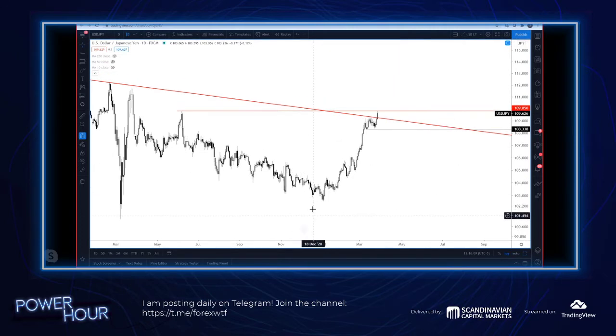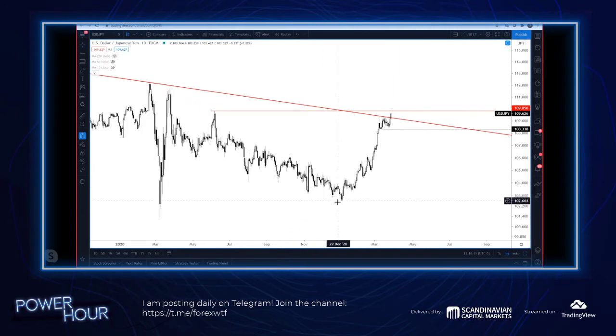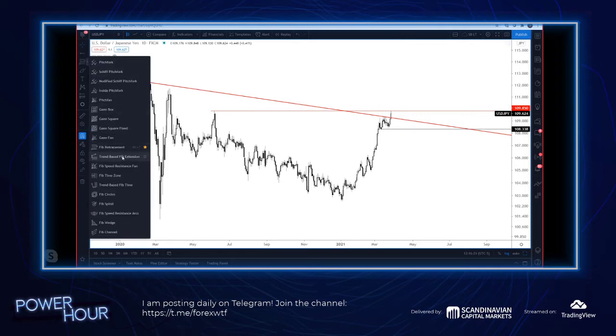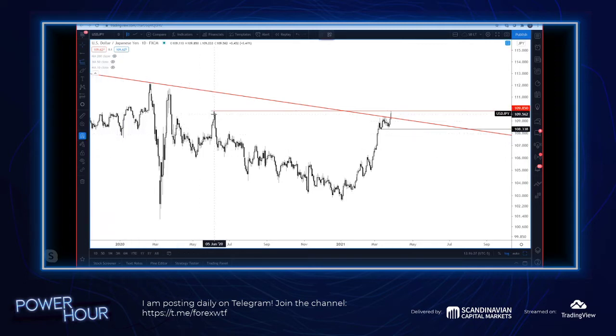So we can get a wave count here. 1, 2, 3, 4, 5. So that's 1, 2, 3, 4, 5. You know, 1, 2, 3, 4, 5, 6, 7, 8, 9, something like that. Obviously, we've hit a huge level here. That's the June high.